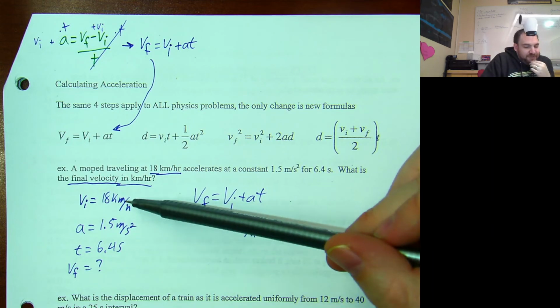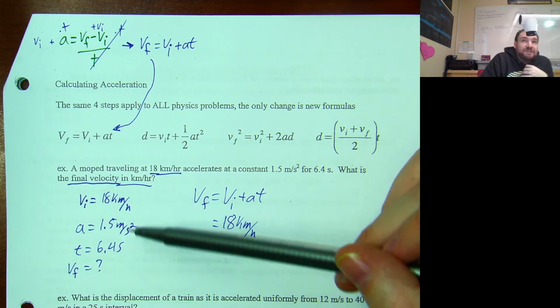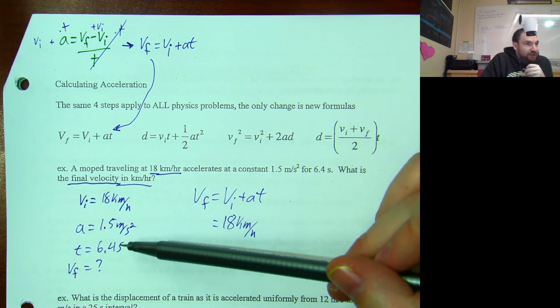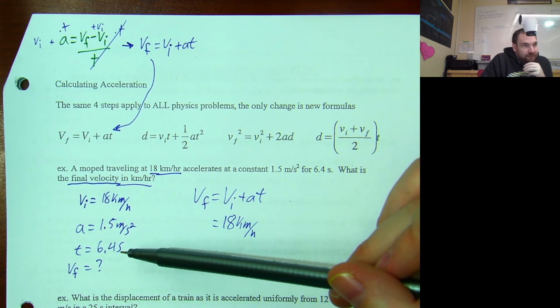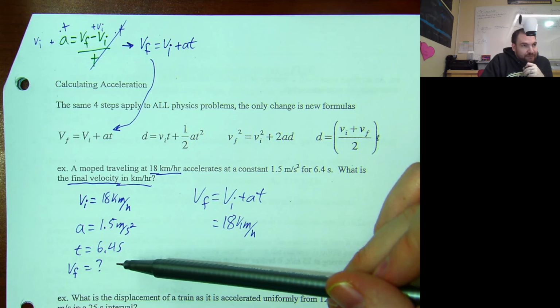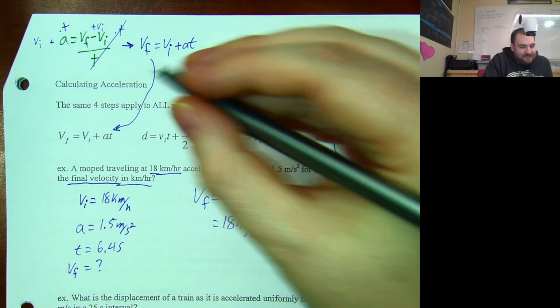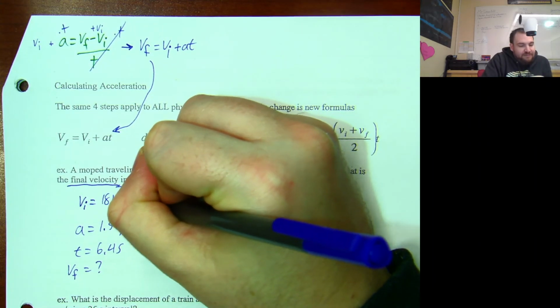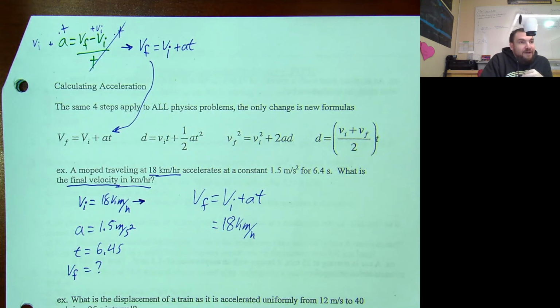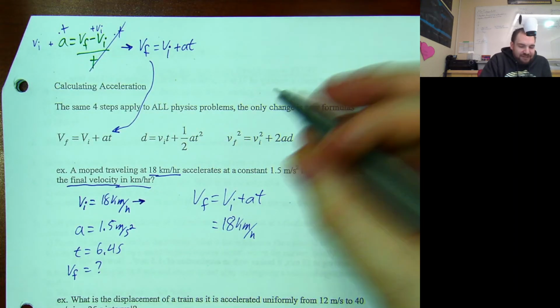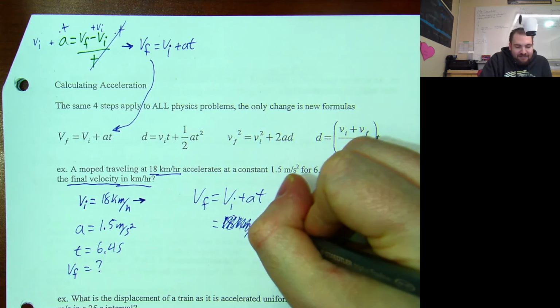So what's easier, kilometers per hour into meters per second, or these ones getting transferred over to kilometers per hour squared and hours? This going to meters per second would be nice. But we can make that conversion at the end. So let's do that. Forget what I was about to write.